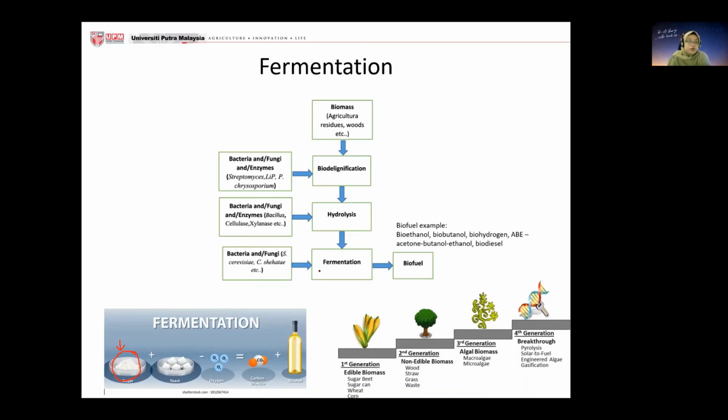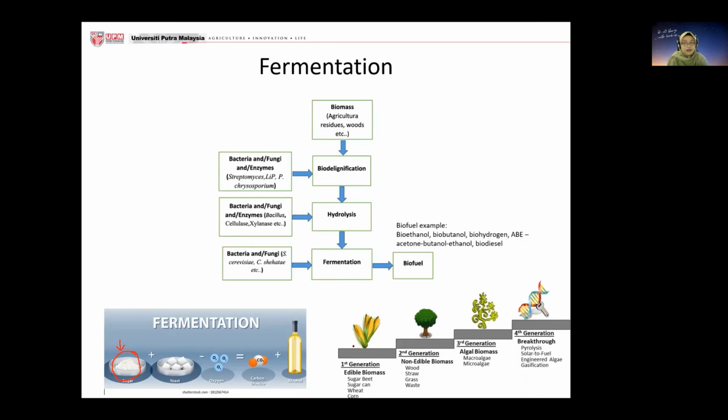And of course, if we're talking about biofuels, there are actually 4 generations now. In the first generation biofuels, it uses edible biomass. If you look at the case with Brazil, they use sugarcane to produce ethanol, and it's an industry that has been there until now.